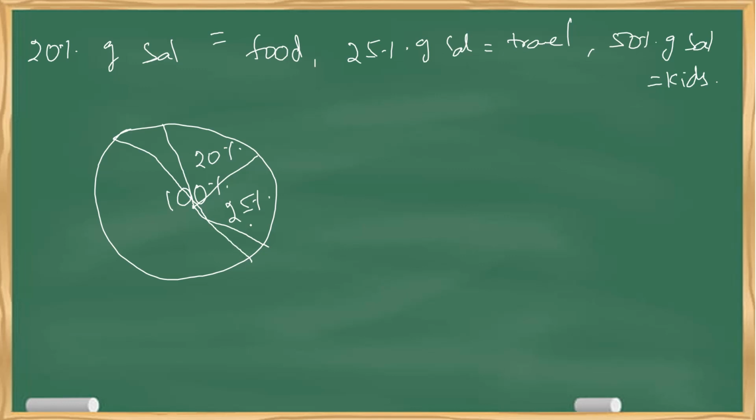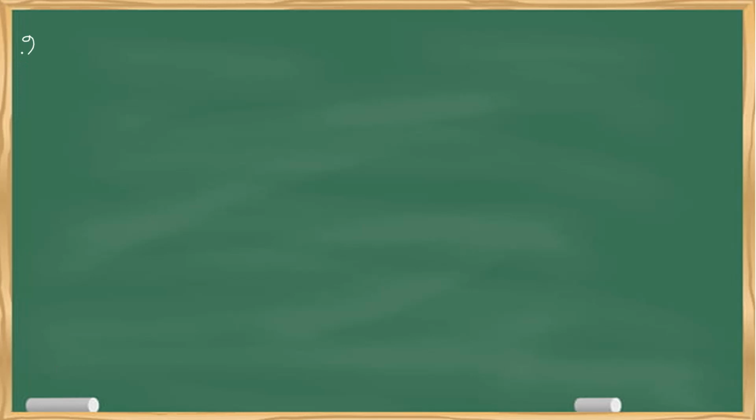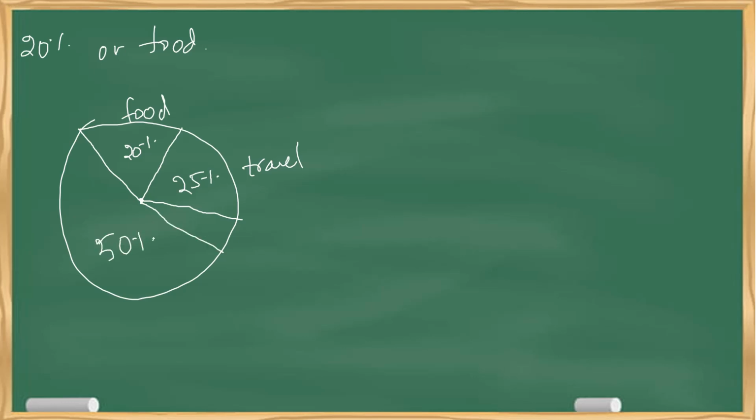I would like to draw it neatly so that you will understand. 20% on food, this is the center. Food. 25% travel, and 50% on kids.